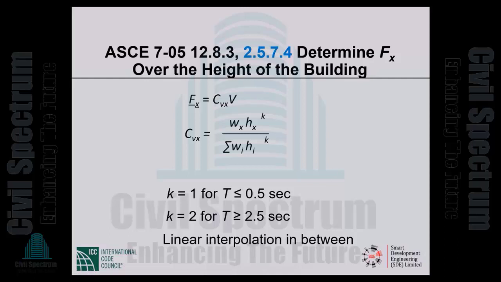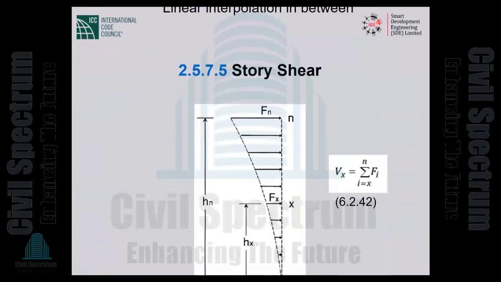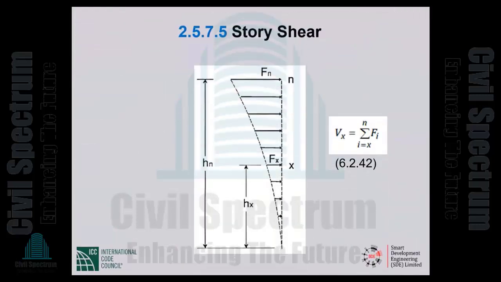Or you are always allowed to use a parabolic distribution because that way you're penalizing yourself. You are bringing more of the forces to the top of the building, which will give you more overturning moment for the same base shear. Okay. So this is the distribution of the design base shear along the height of the structure. This is something between a straight line and a parabola, K of 1 and K of 2.